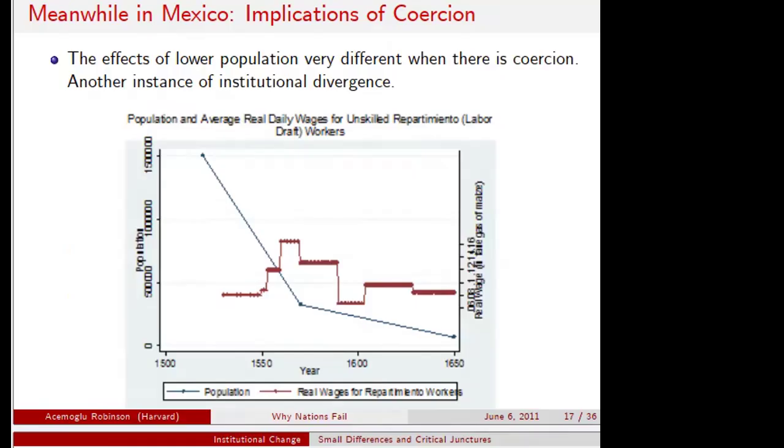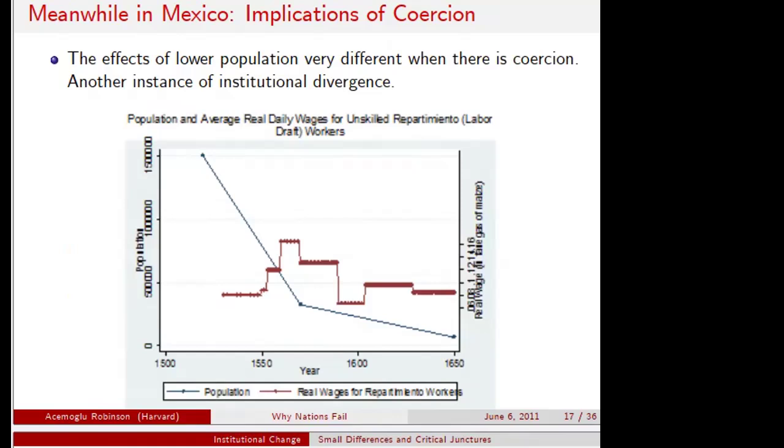This chart shows two things happening simultaneously in colonial Mexico between the 1500s and 1650. First, the population is collapsing dramatically, as you can see.